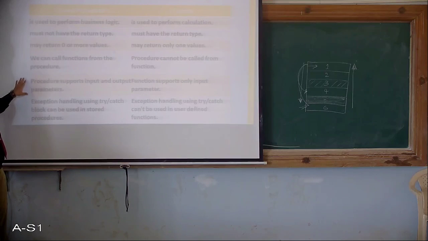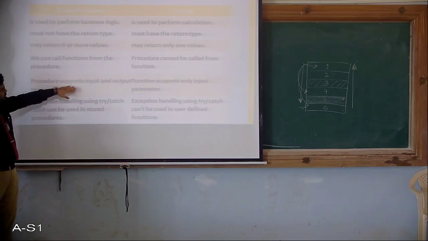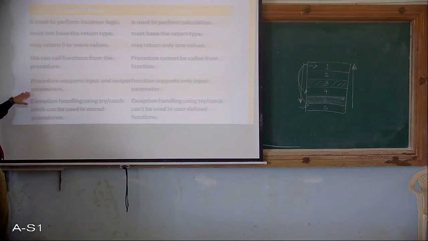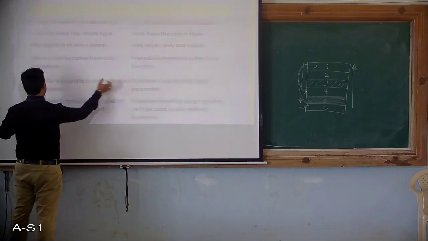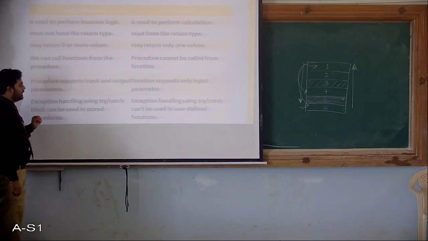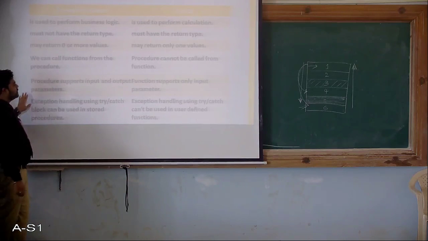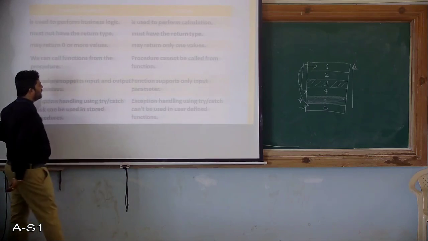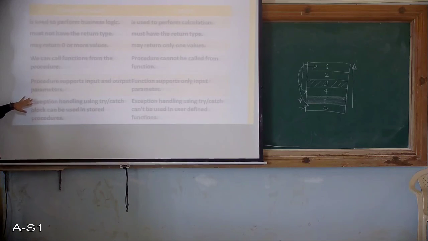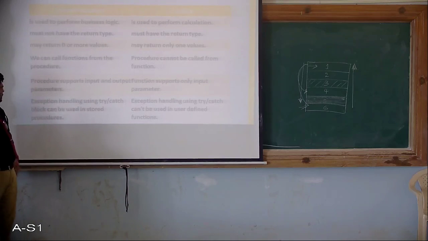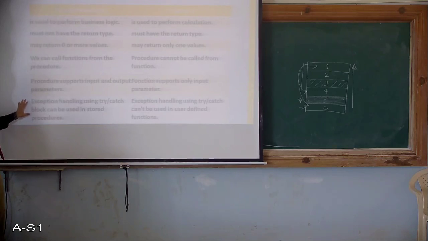Next difference: a procedure supports input and output parameters. Here the input we just discussed is the date of birth, and the output is the age we calculated using that stored procedure, and the function supports only input parameters. Then exception handling using try catch can be used in a stored procedure, but exception handling using the try catch block cannot be used in a function.